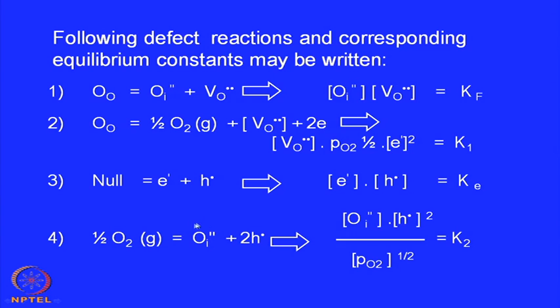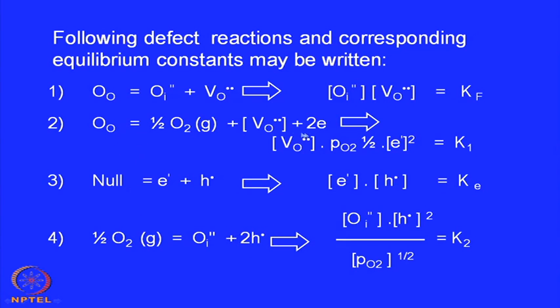So, based on that assumption, if more oxygen gas is available outside in the atmosphere, part of it will certainly pressurize the system inside to go into the system as oxygen interstitials, and once the oxygen interstitial goes in, then a hole will be created.